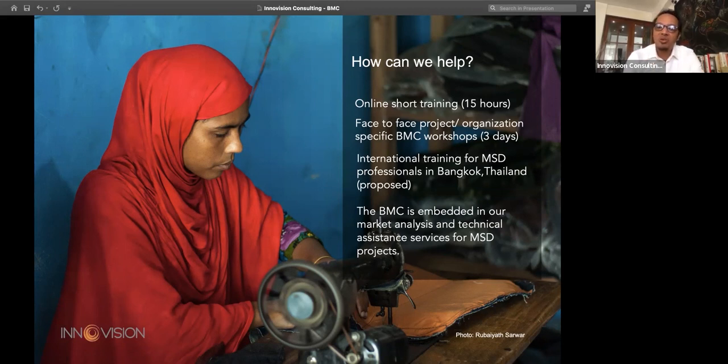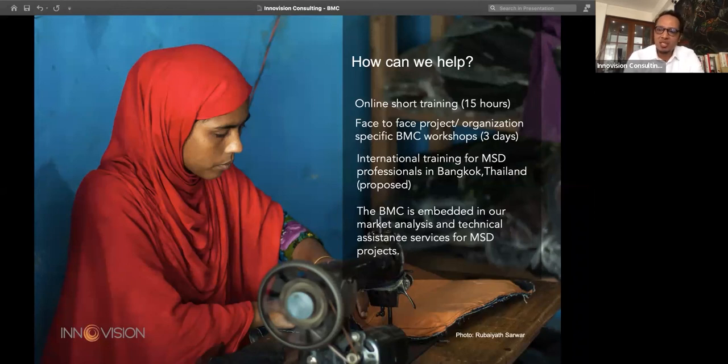We also do face-to-face project-specific or organization-specific BMC workshops, usually a 3-day intense workshop with the project team, where we work with them to design business model canvases for the specific interventions. We are currently working on offering an international training for MSD professionals in Bangkok, Thailand on the business model canvas. We will soon announce that program, given the interest that we are seeing around the tool.